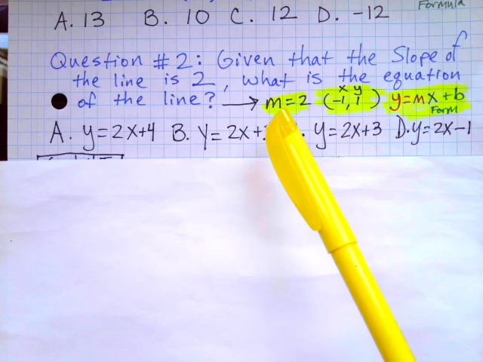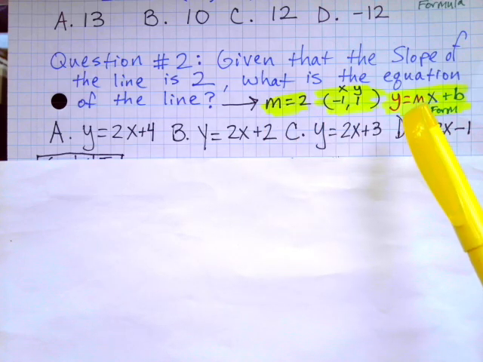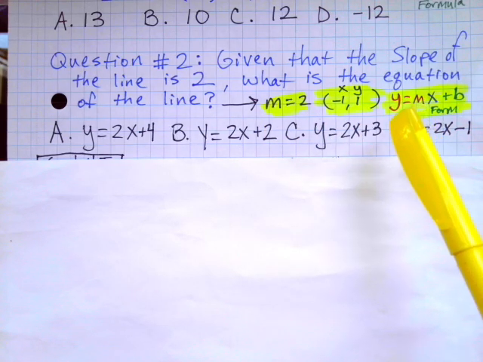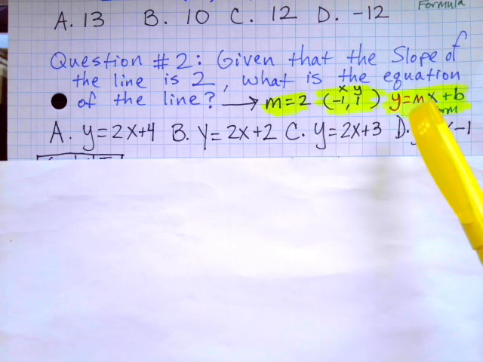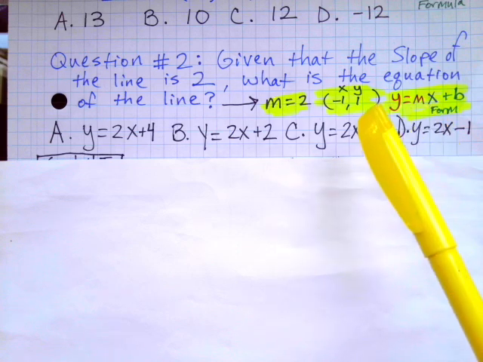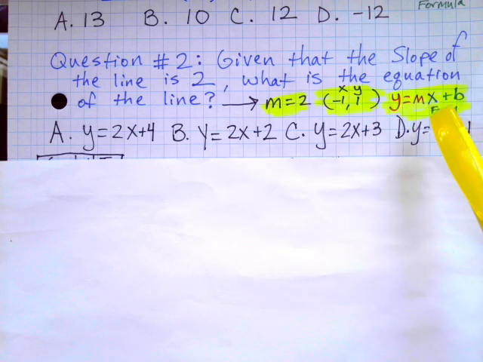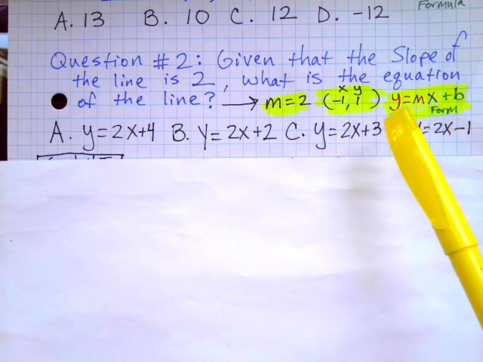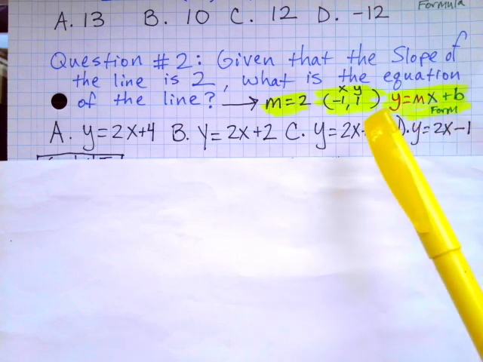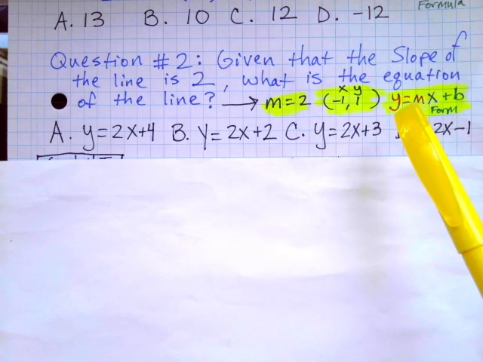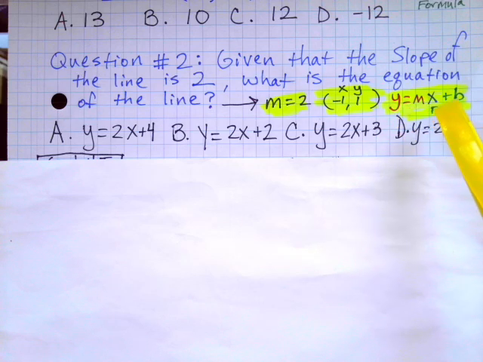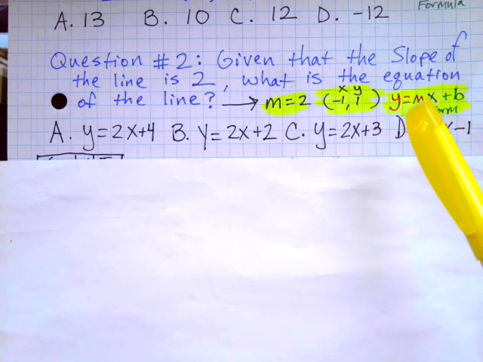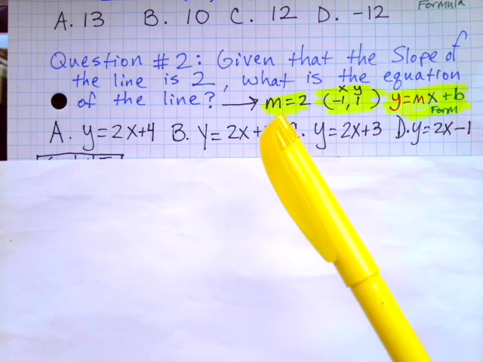If I substituted my m value, 2, for m in the point slope form, and I substituted my x value and my y value into the form, then I could solve for b. Remember, in the prior videos, all you need to do is substitute a slope for m and your y-intercept for b, and you can create the equation of the linear equation or the graphed line.